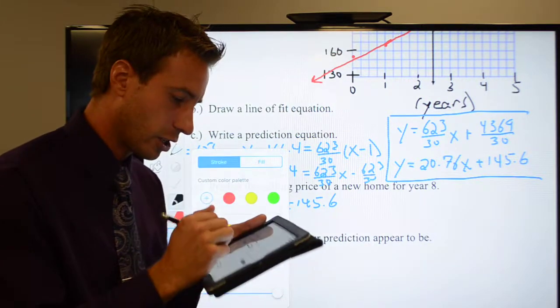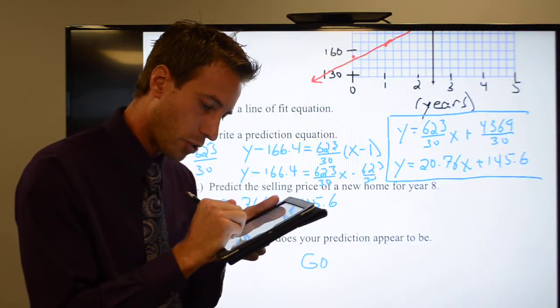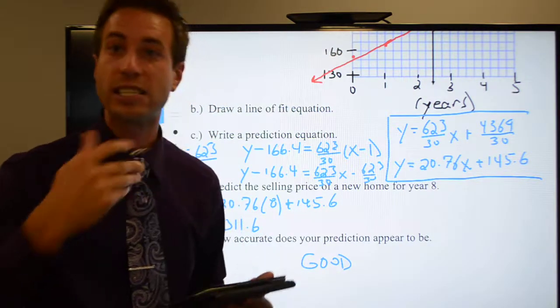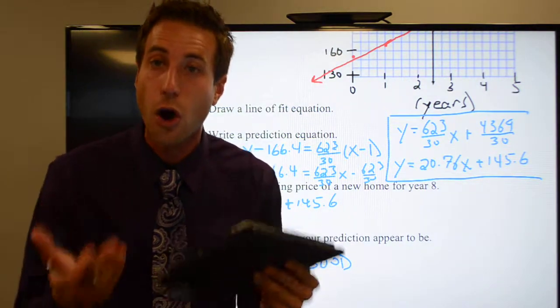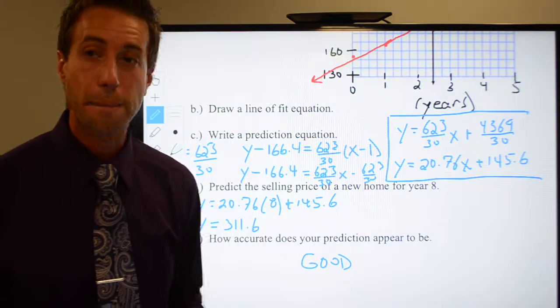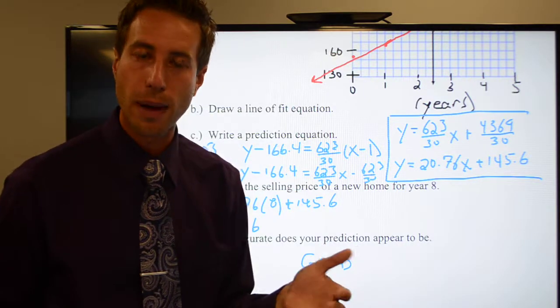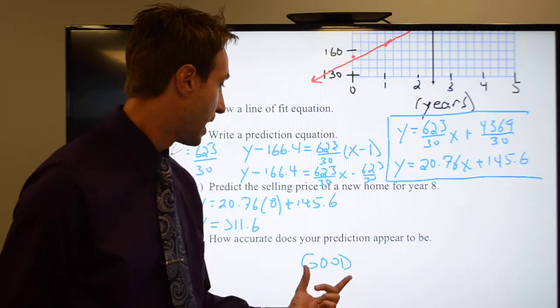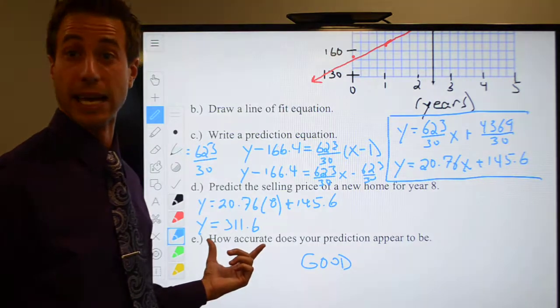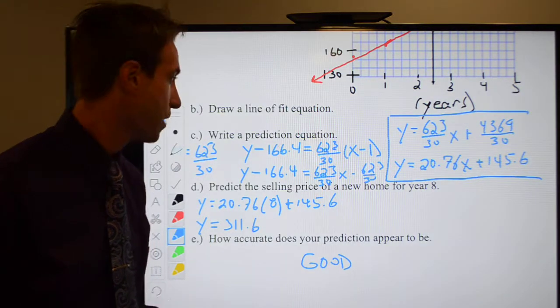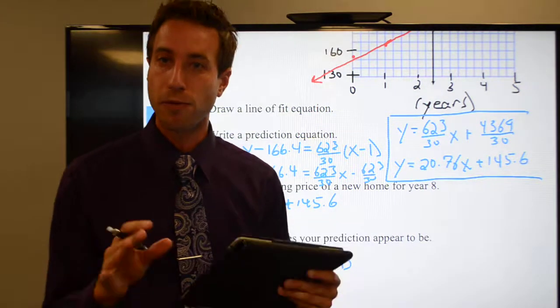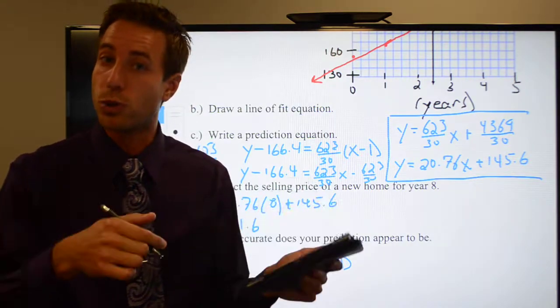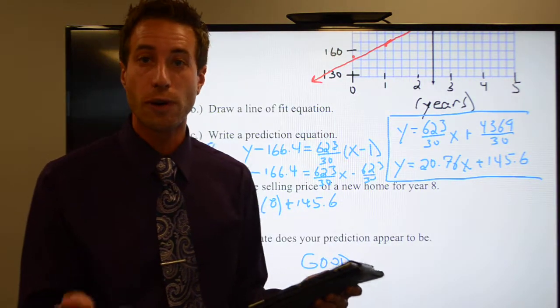I think we came up with a great equation. And of course, it's not going to be exact. We are making a prediction. My line didn't go through all of my points, so it's not perfect, but it's probably pretty dang close. All right. That takes care of this problem. Hopefully that makes sense. We'll do another one on the next page, so head on over and I'll meet you there.